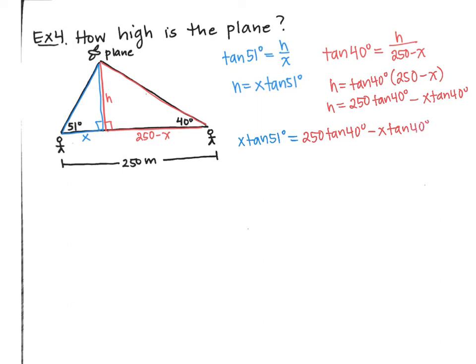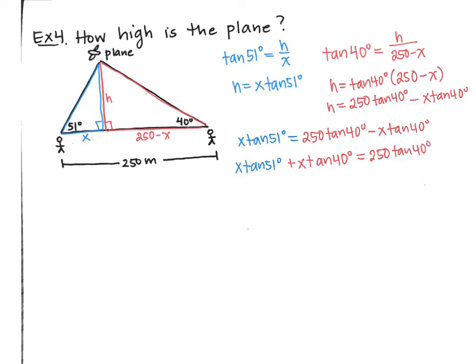Now, if I had a calculator, I would probably use it for all of this. But I don't have a calculator a lot of the time, so I'm going to try to solve for x. To start with, I'm going to get all the x's on the same side. I already have x tangent 51 degrees here. I'm going to add the x tangent 40 degrees from the other side to this side. And then I still have 250 times the tangent of 40 degrees.